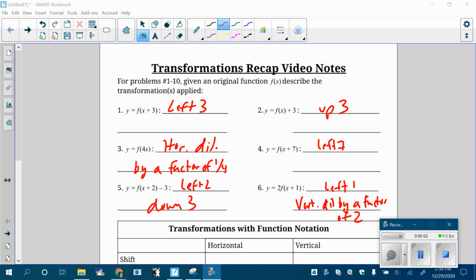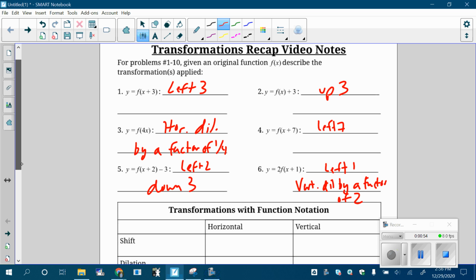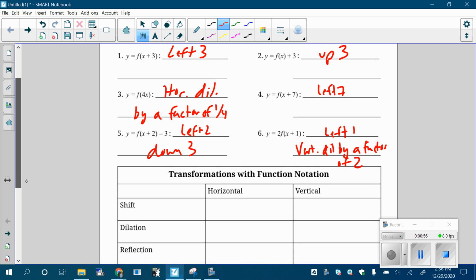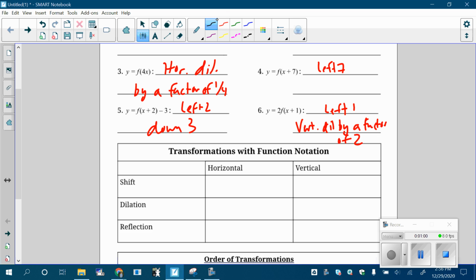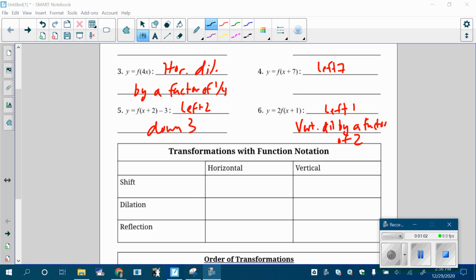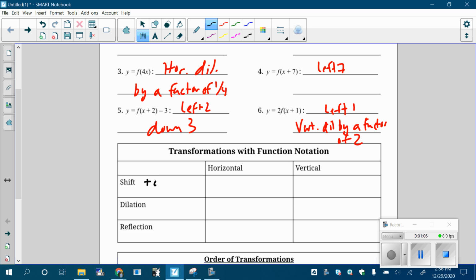If you are having issues with this, it's probably because you're forgetting something about how these work exactly. So I want to do a real quick recap here. The way that you tell that a transformation is a shift is because there is addition or subtraction.